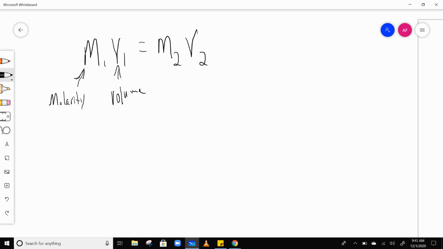Just to be safe, we always want to use our volume in liters. It's just easier to always do it in liters. It kind of works if you keep it in milliliters the whole time, but I'd rather just use liters. Better safe than sorry. So again, this is the formula we're almost always going to use for diluting solutions.